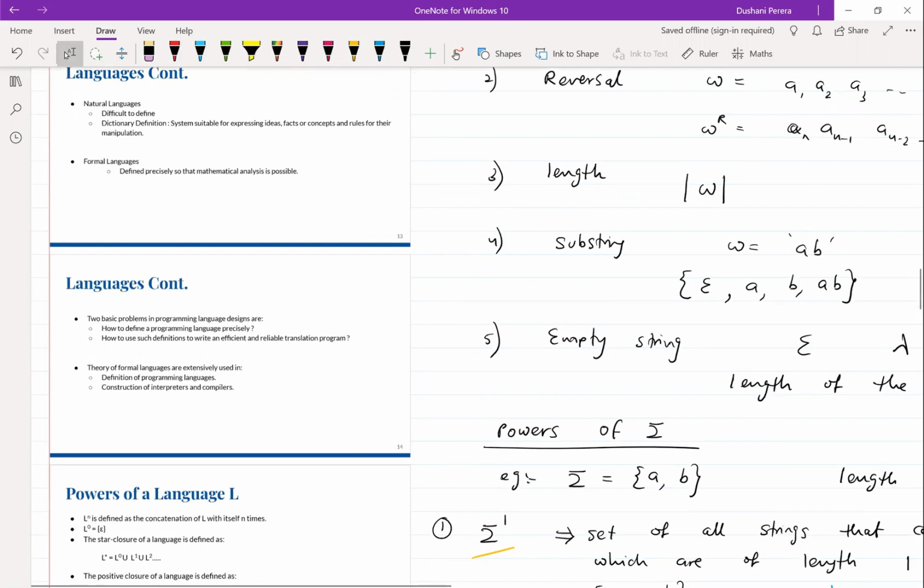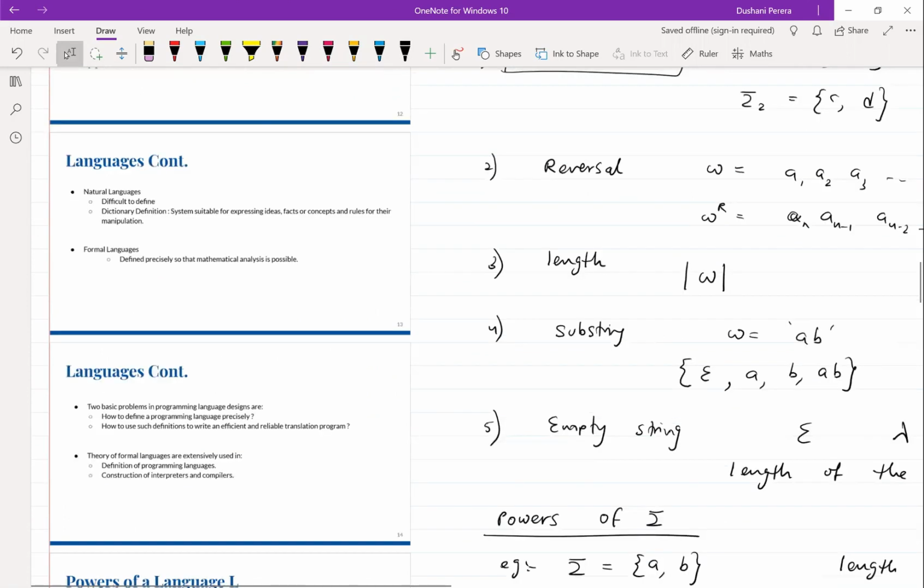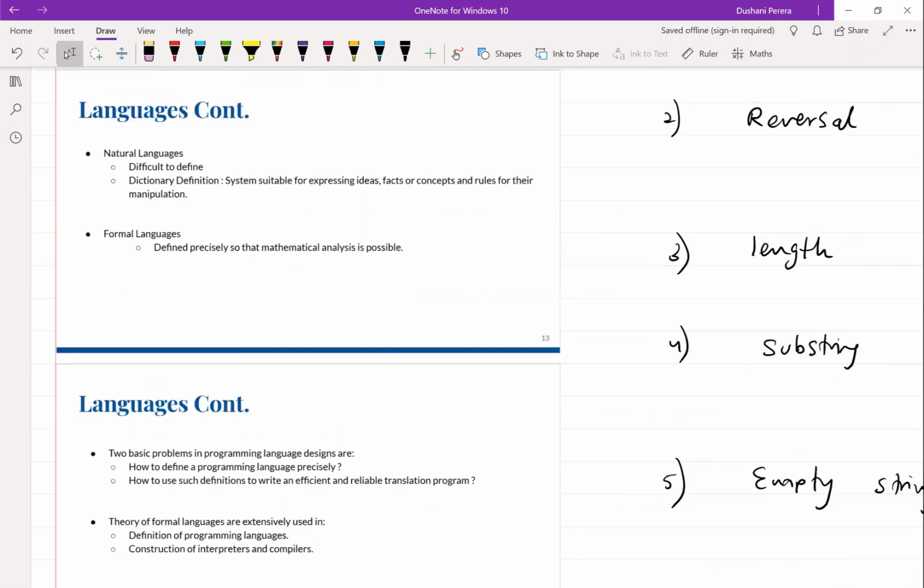Okay, so now look at this. We can categorize languages into two parts. We have natural languages and we have formal languages. A natural language is difficult to define, whereas a formal language is defined precisely so that we can perform analysis on it.